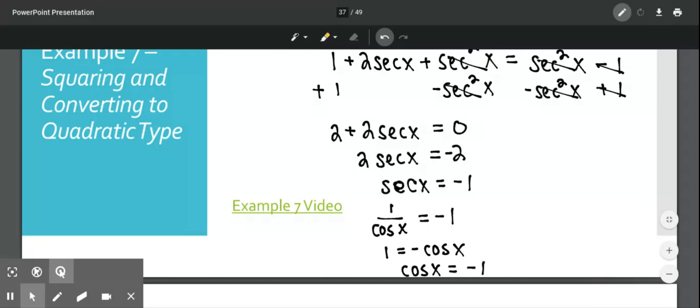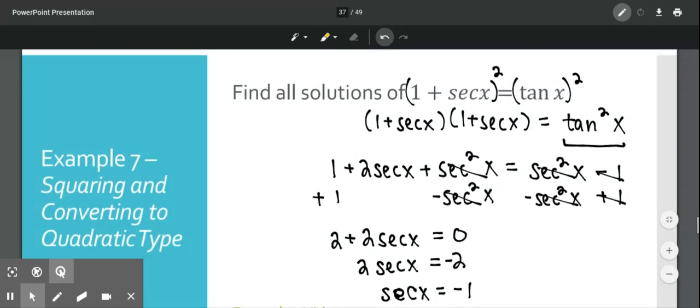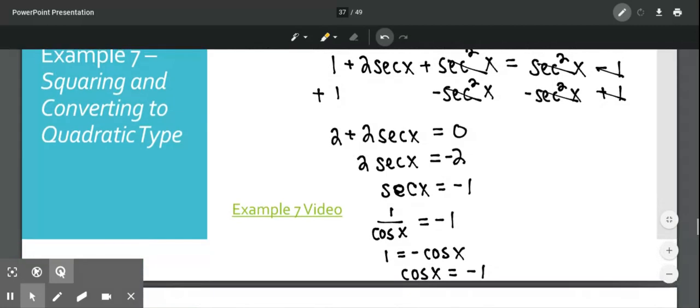So you need to think about, when does cosine equal negative 1, and we're not restricted. So cosine is your x-coordinate. It equals negative 1 over here. So we would say when x equals pi plus 2 pi n.